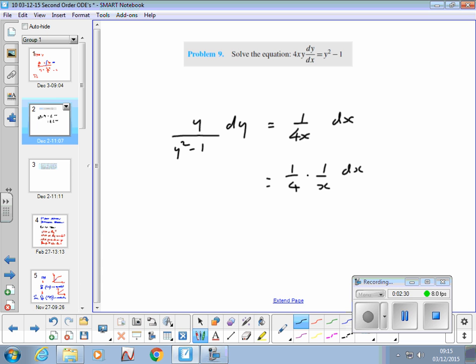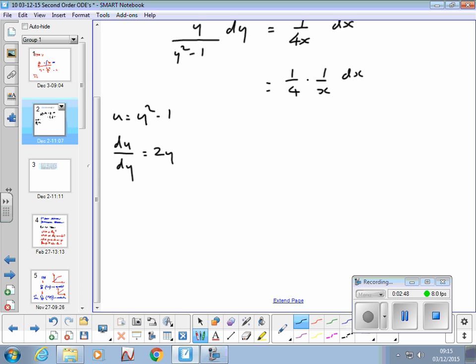And for this one, if I let u equal y squared minus 1 and then differentiate that with respect to y, I can then use substitution. So dy equals du over 2y, and I can substitute that in, and you see that the y's disappear.